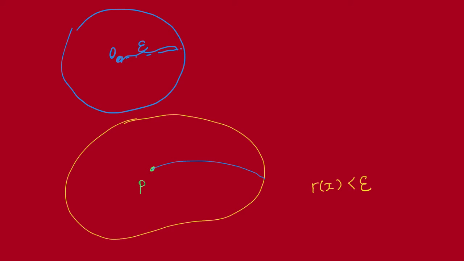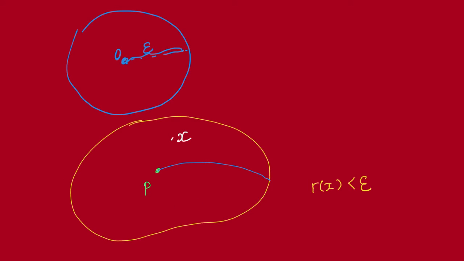Alright, so to recap, let's say we have a normal coordinate chart centered at P, and from that we can define the radial distance function. Then the set of points x such that r(x) is less than epsilon, for epsilon small enough, is just a geodesic ball centered at P. It's going to be a diffeomorphic image of a ball centered at the origin of radius epsilon in Euclidean space.